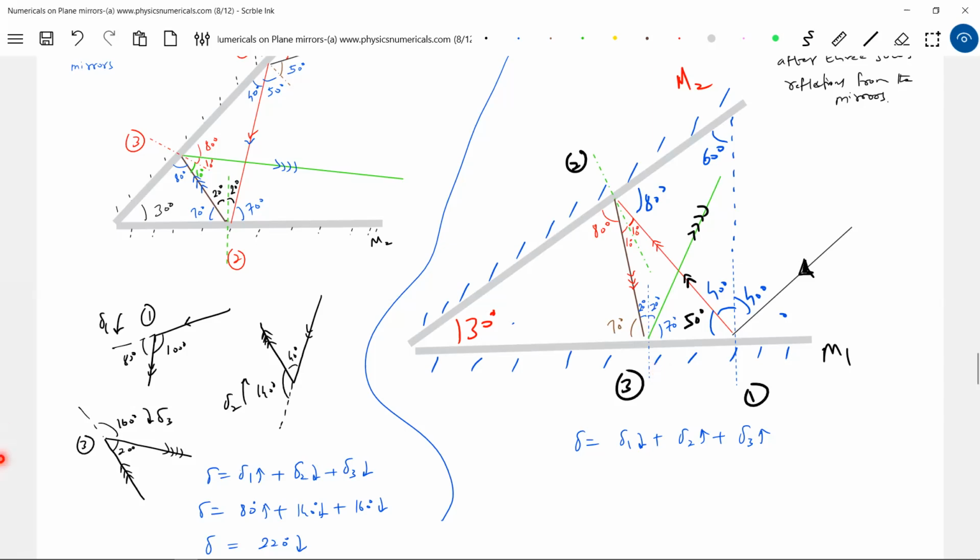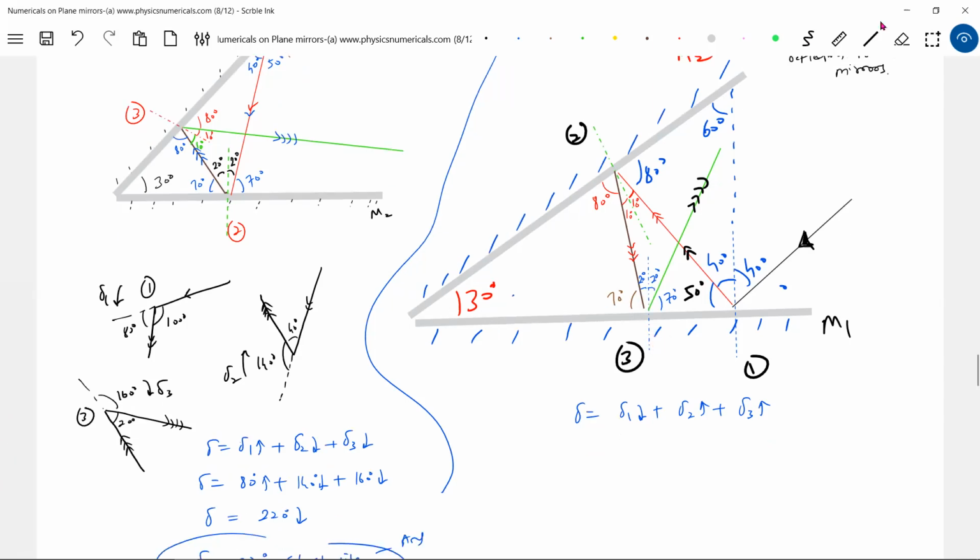So similarly, I can help you with some set of diagrams. The ray 1 extends here. After reflection, it will become like this. So this is the deviation delta 1. So how much is this angle? 80 degrees. So what is the deviation?